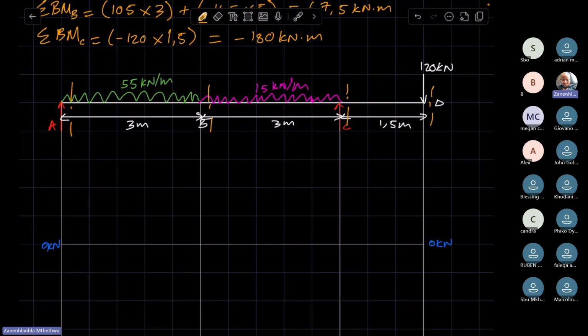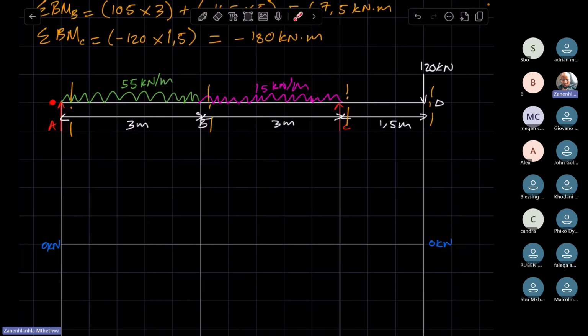And then if you have a UDL on the immediate left of a point, you draw another section on the left-hand side of that point.